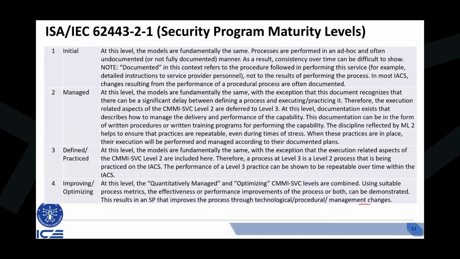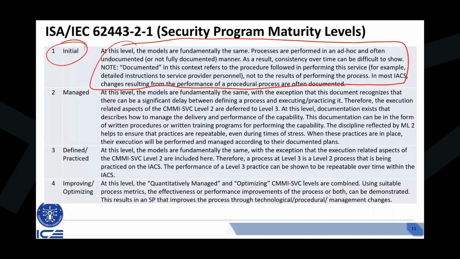Let's say the patching, if you don't have your patching frequency defined or documented, if I go into a facility and ask the question, do you have documented policy and process in place on how often you will do the patching and what will be the process that needs to be followed? If the answer is that, well, we do perform patching, but we don't have any documentation to define how it will be done, then the organization is at a very basic, initial level of maturity.